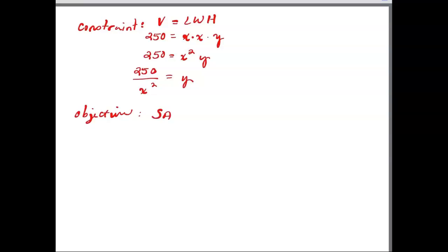Okay, and now we're going to write our objective equation. Our objective, again, is to minimize surface area, so we know our objective equation is going to involve surface area. We have 4 surfaces, essentially: an x by x, another x by x, and then 2 xy's, if you were to look at all sides of that shelter.